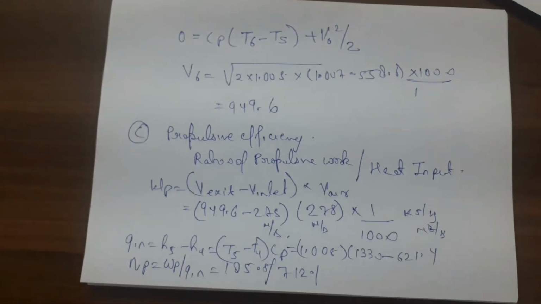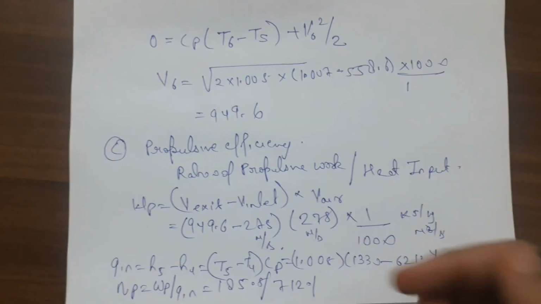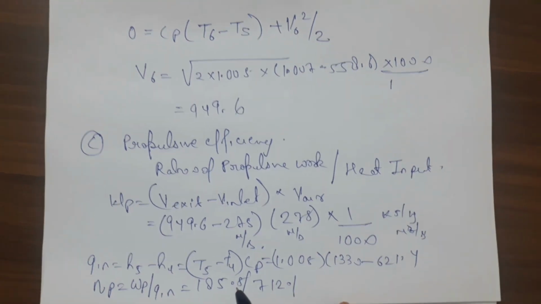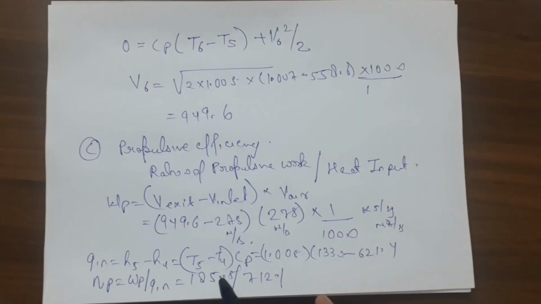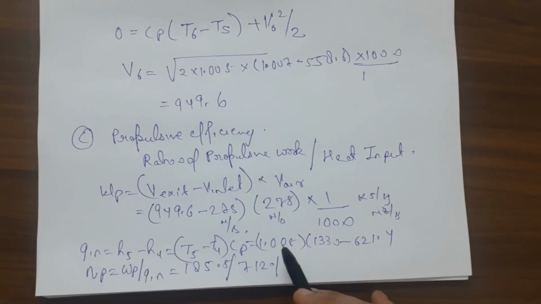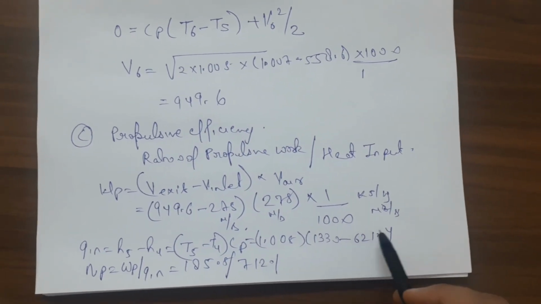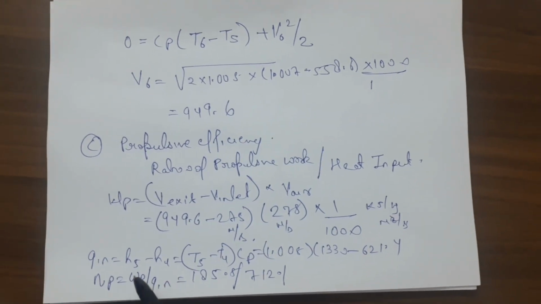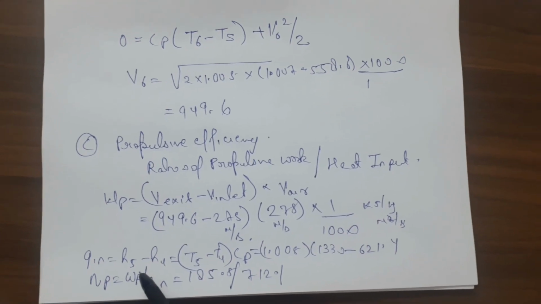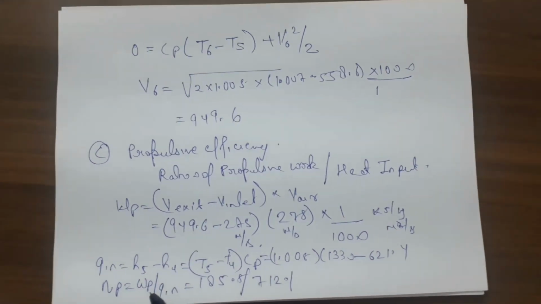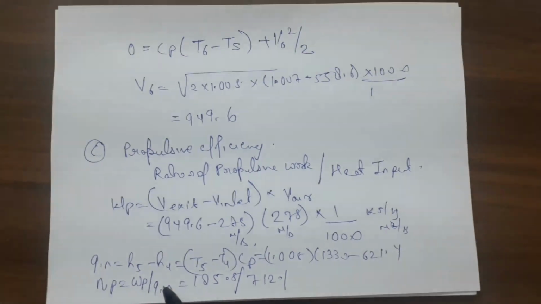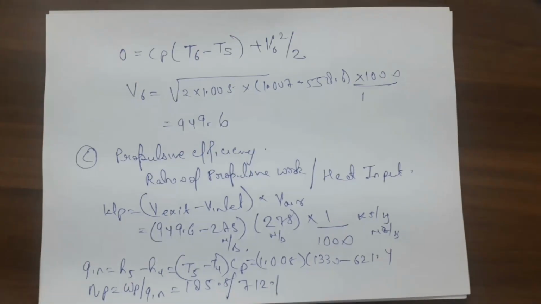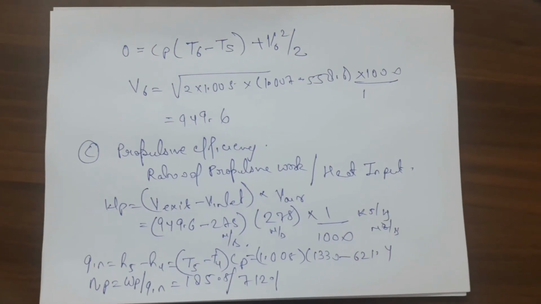Here the value of Q in will be equal to H5 minus H4, which is further equal to Cp(T5 minus T4), as we solved previously. Putting the value of Cp as 1.005 and the T5 and T4 values, we get the value of Q in. The propulsive efficiency formula we have to remember, which is equal to Wp upon Q in, work done upon heat input. So we will put the values of Wp and Q in, and we will get the propulsive efficiency.